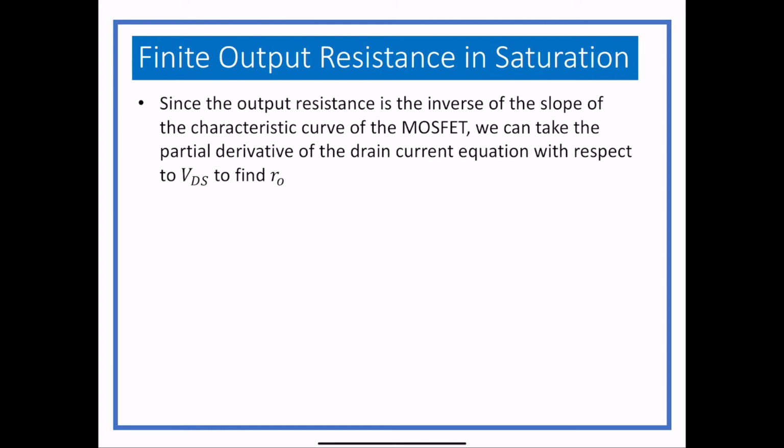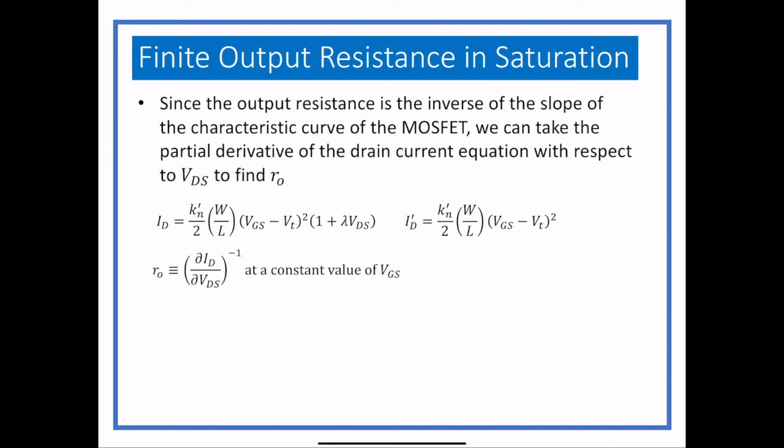So the first thing I'm going to do, I'm going to give you two equations. One is the original ID equation. That's ID prime. That's the original one we did. And then the new ID equation is the one that actually has the channel length modulation in it. And the output resistance that is a result of that is actually the inverse of the partial derivative of ID with respect to VDS, and we keep VGS constant when we do that.